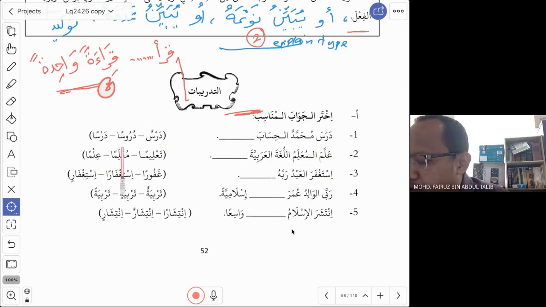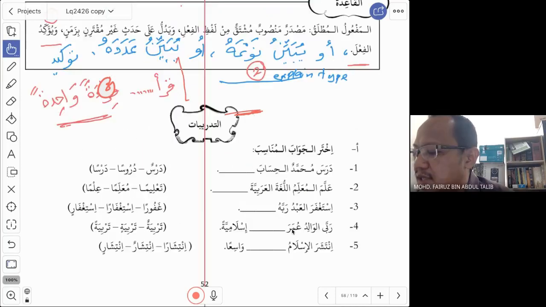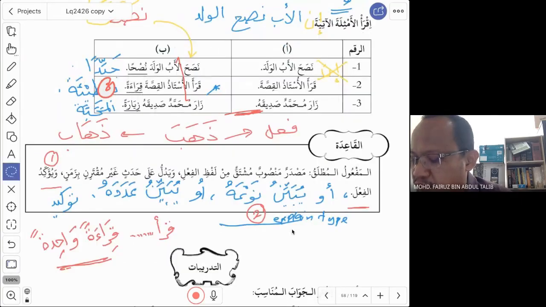The second one, durusan, is the jama' for dars. So can you use jama' as maf'ul mutlaq? You need to refer to the lesson again. Do you see any jama' for the maf'ul mutlaq? No, right? Because this is for the first function, which is tawkid. When you want to emphasize, you don't need to change to mufrad, musanna, jama'. Just use the mufrad.